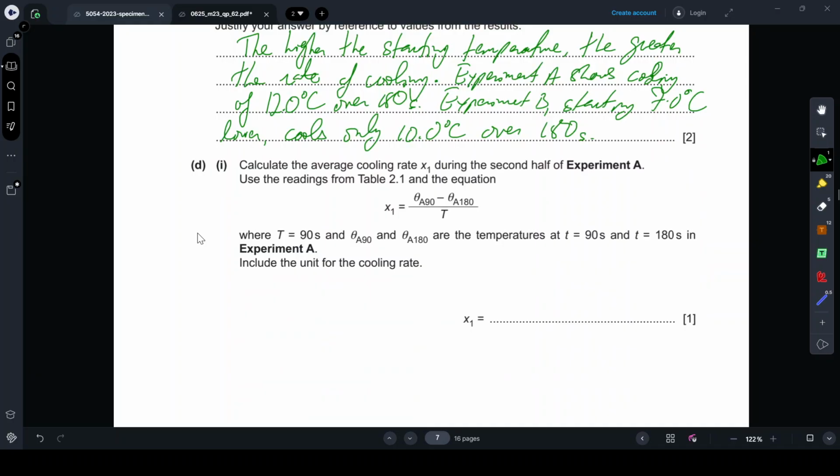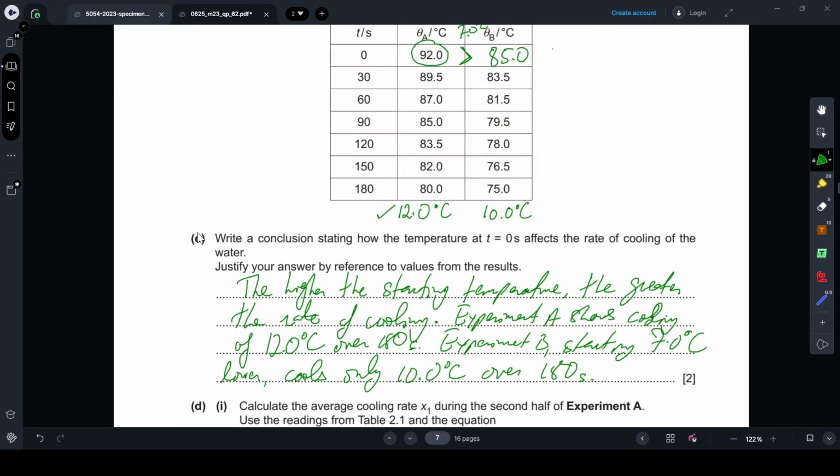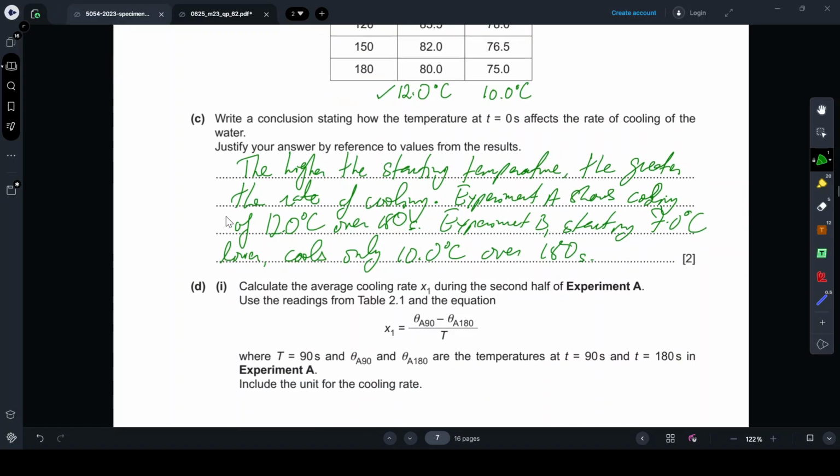All right. Calculate the average cooling rate during the second half of experiment A. Second half, so that's after 90. Because 180 seconds, so half would be up till 90, and then the second half would be after that.